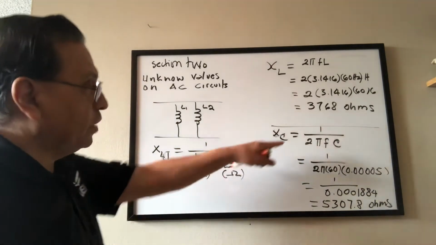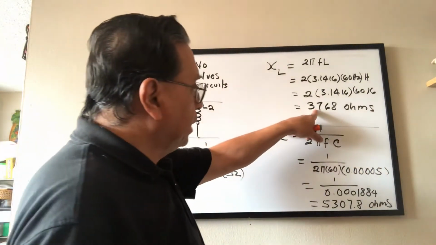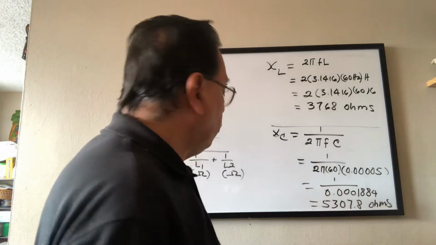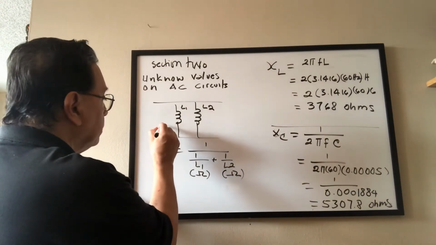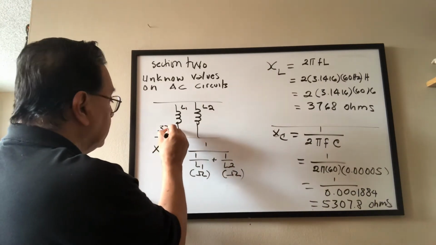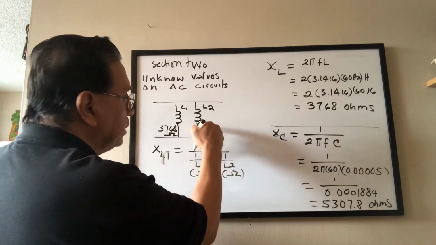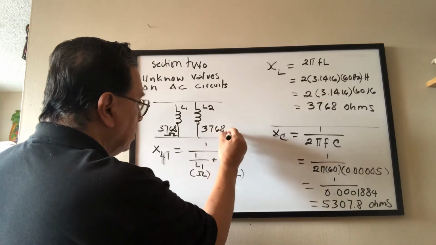For example, if I have two inductances and each of them is 3,768 ohms, so this one is 3,768 ohms, and this one is 3,768 ohms.